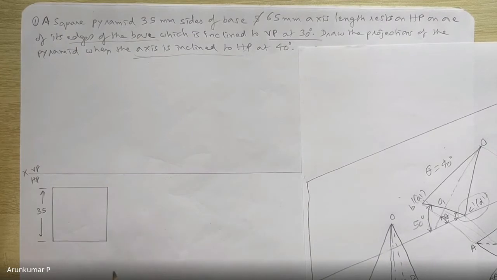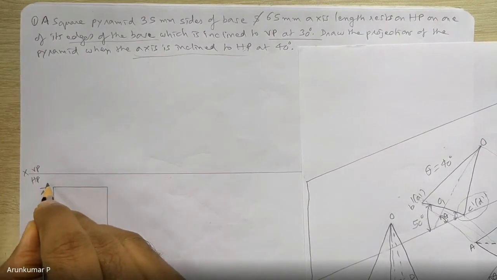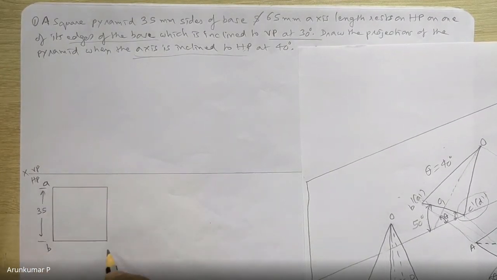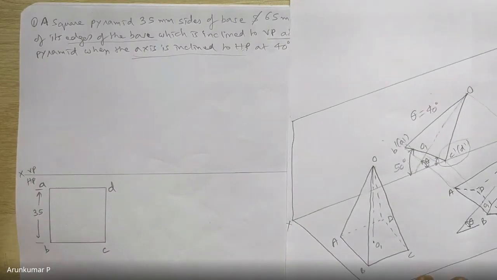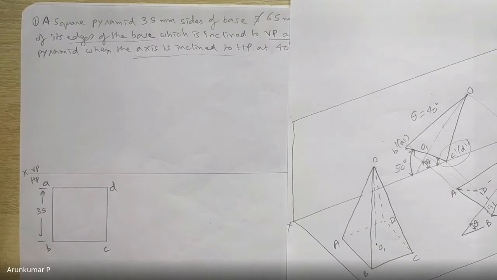This is a 35 mm square. You can name them small a, small b, small c, small d, the four corners of the base as you find it here.